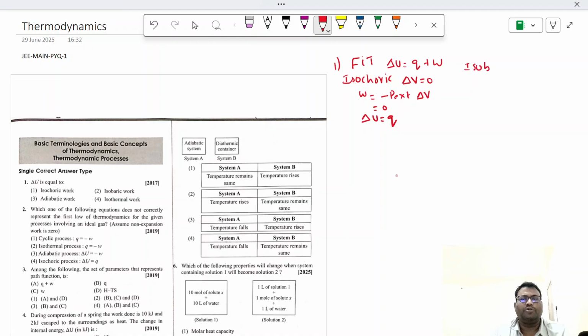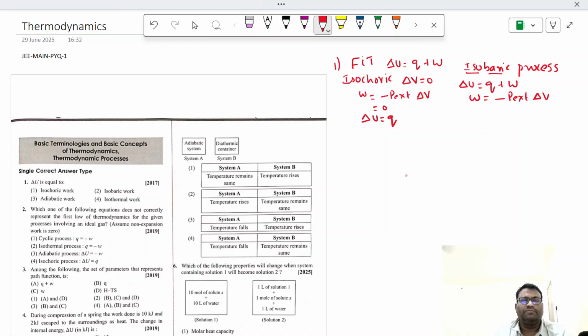In option 2, it is asked isobaric work. So isobaric process. What is isobaric process? Iso means same, baric means same pressure. So P is constant. And we know that according to first law of thermodynamics, delta U is equal to Q plus W. Work done is equal to minus P external into delta V. If P is constant, will the work be equal to 0?